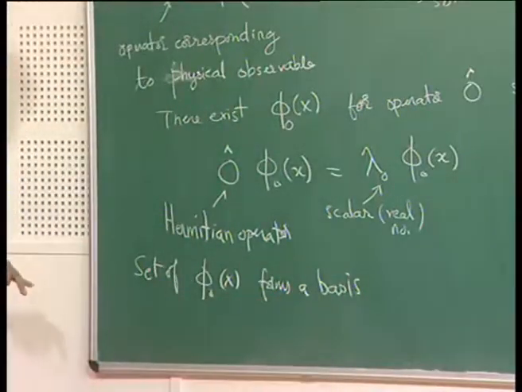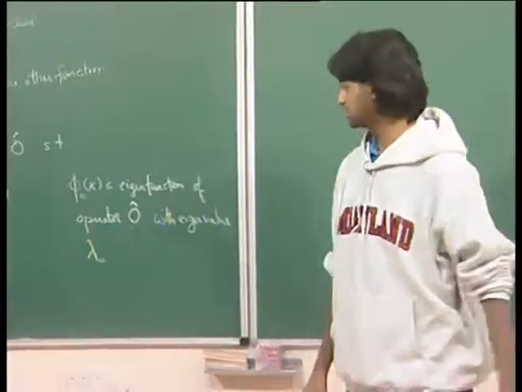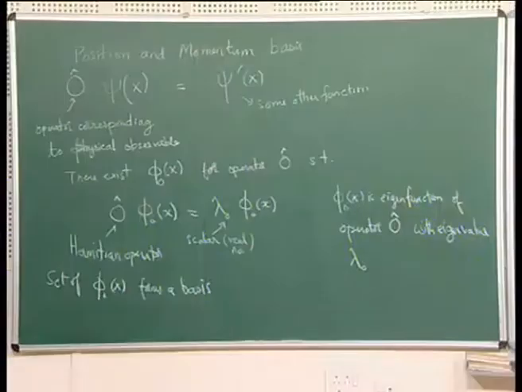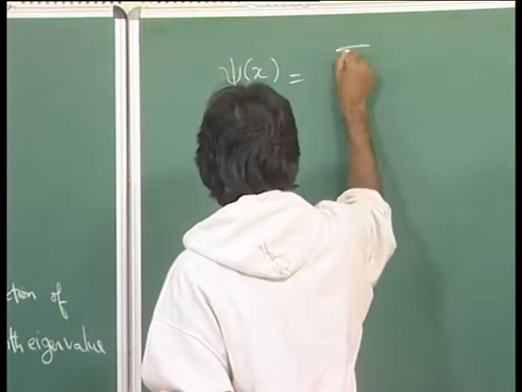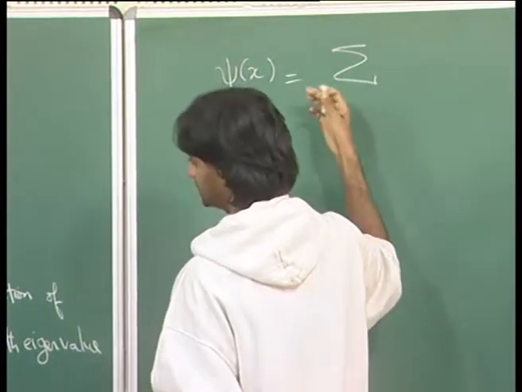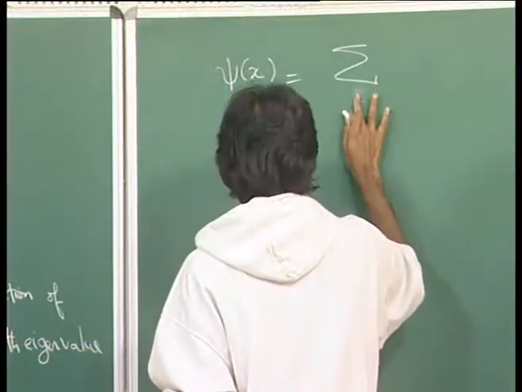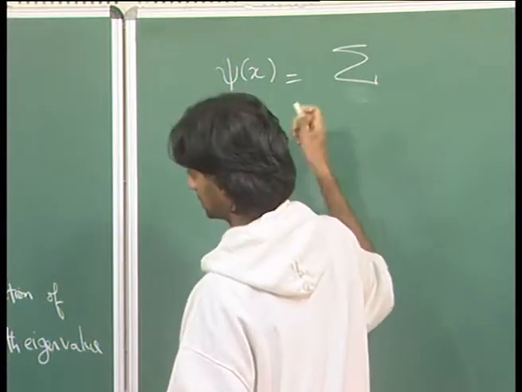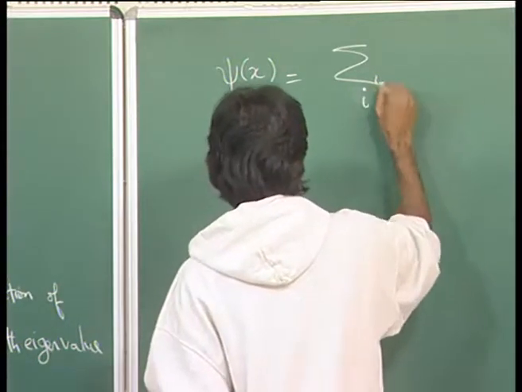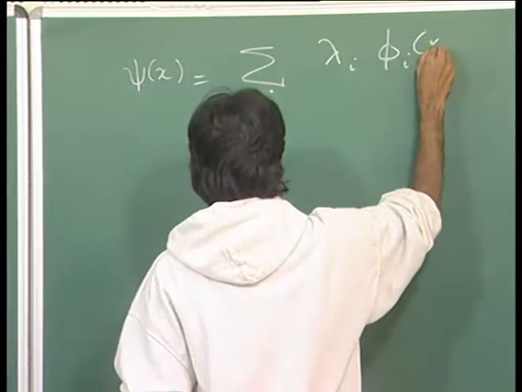This is one of the fundamental postulates of quantum mechanics, and when you say it forms a basis, that means if you have an arbitrary psi of x, you can write this as a sum over I, lambda I, phi I of x.